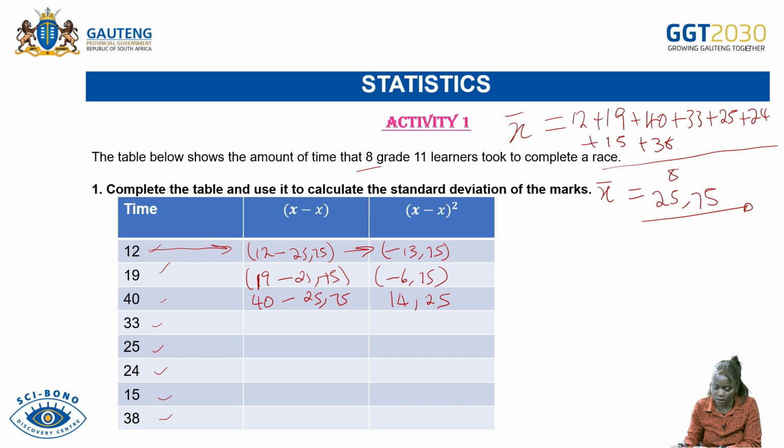Then you are given 33 minus 25.75, it's going to be 7.25. Then 25 minus 25.75, it is going to be negative 0.75.